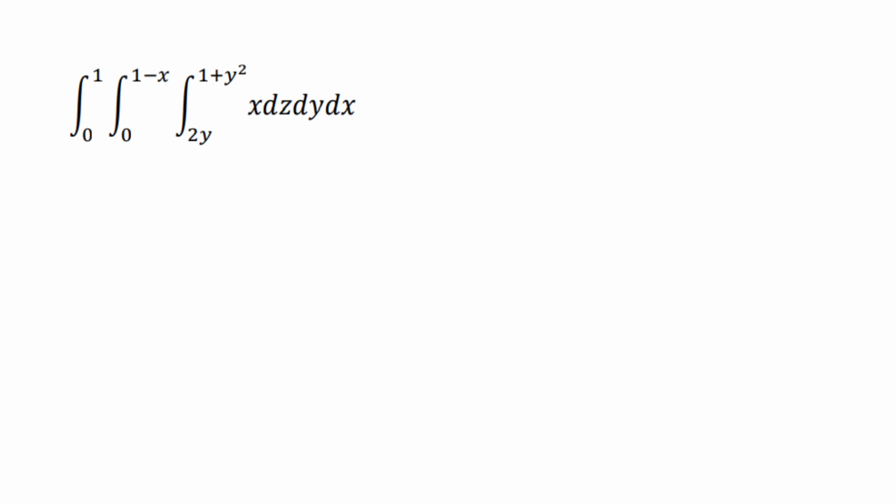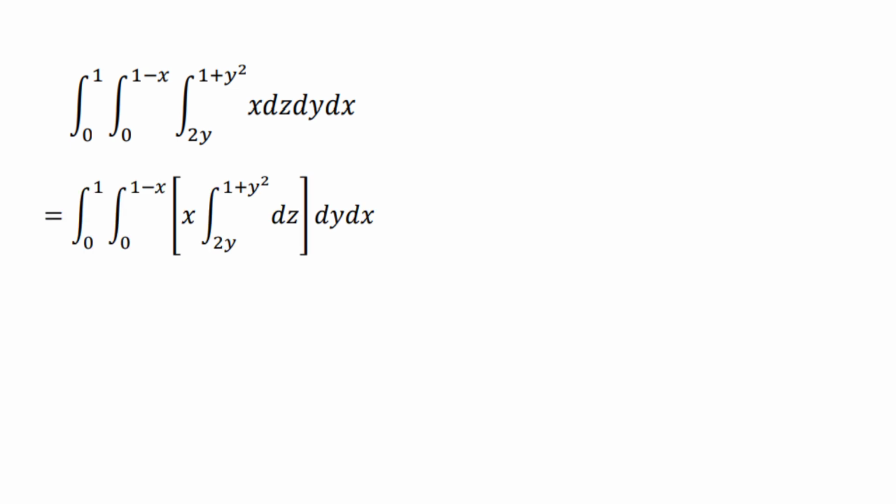So, same with number 1 and number 2, we need to integrate first the inner integral. Here, we need to let x be a constant. So, we can rewrite this problem in this form. X, the integral of dz from 2y to 1 plus y squared.